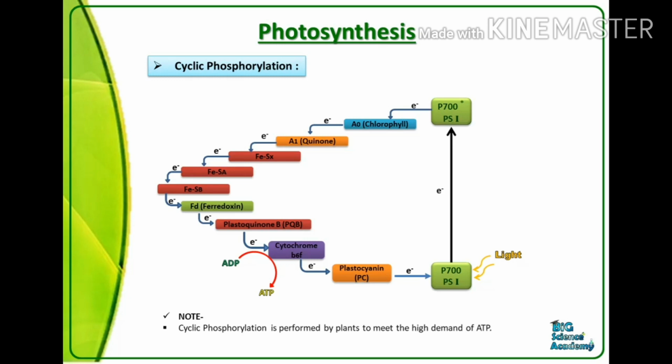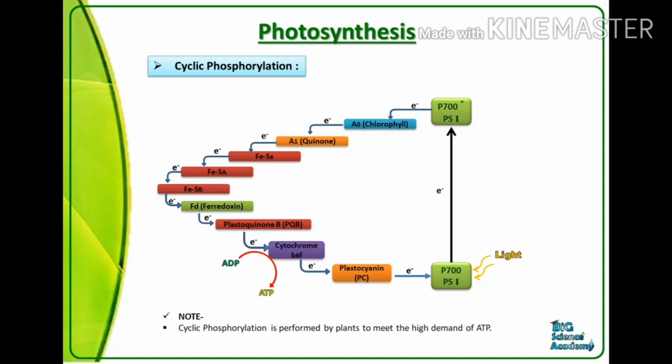The iron sulfur clusters then donate the electron to the ferredoxin and the ferredoxin gives it to the plastoquinone B. The plastoquinone B then gives the electron to the cytochrome B6F, which then gives the electron to the plastocyanin. And the plastocyanin, as earlier in the non-cyclic photophosphorylation, here also gives the electron to the photosystem 1. And during this cyclic phosphorylation process, ATP is generated.